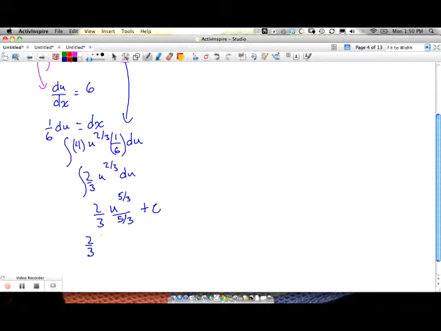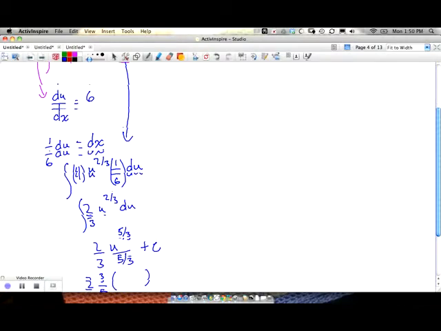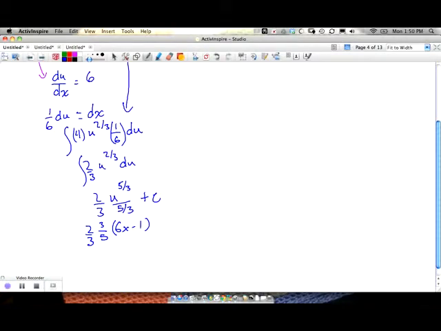We got 2/3, then 5/3 in the denominator becomes 3/5. And then u to the 5/3 is really going to be, well, what was u? 6x minus 1. So we got 6x minus 1 to the 5/3 and plus c. These 3's will reduce or simplify, however you want to say it, and it'd be 2/5.